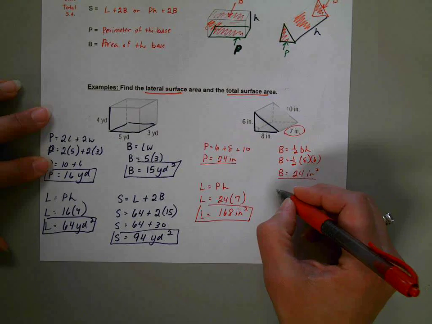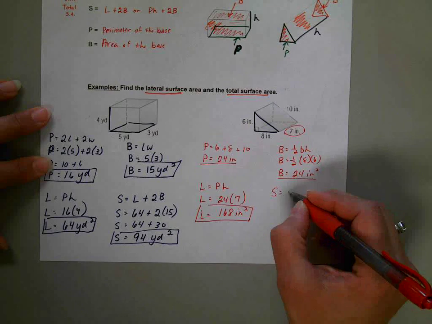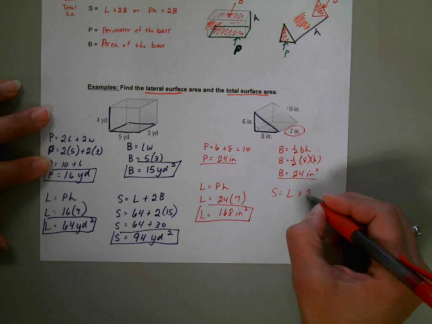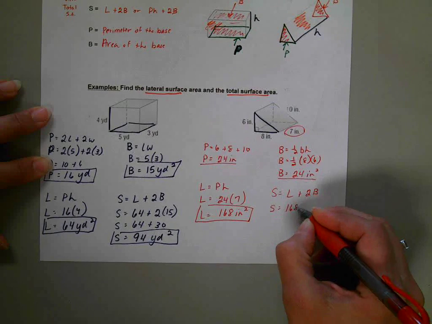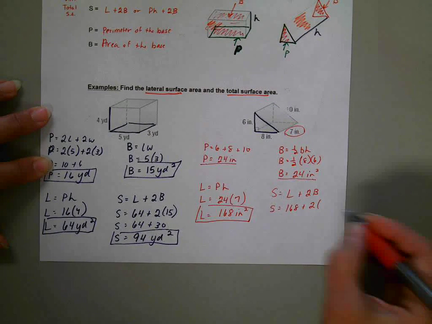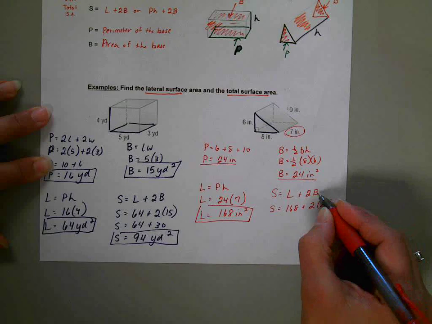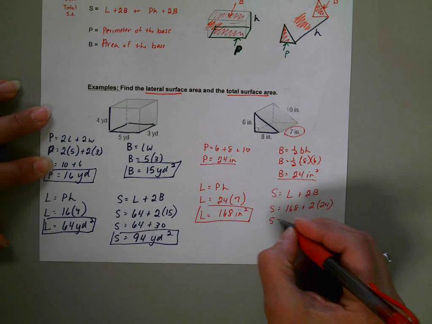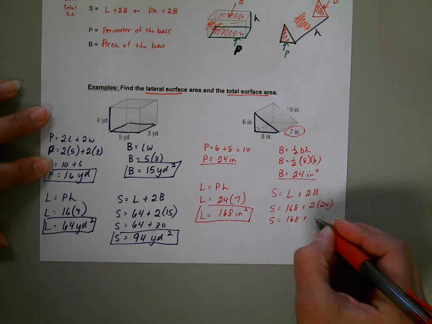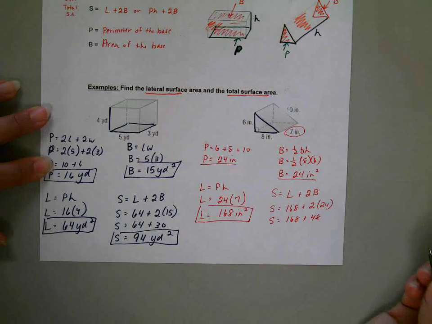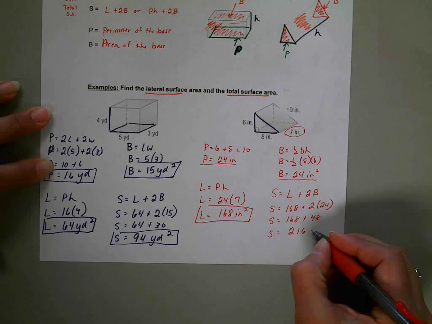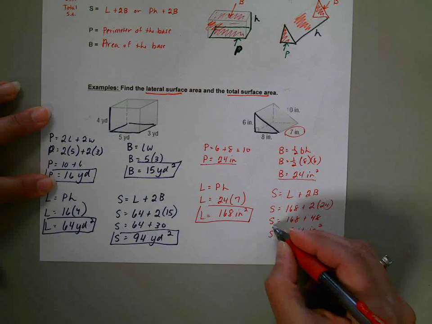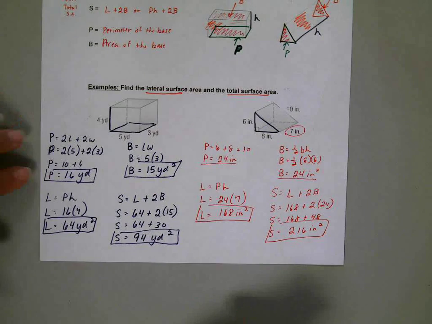Now I'm going to substitute that in for total. L plus 2B. So 168 plus 2 times the area of my base, which was 24. So 168 plus 48. And we get 216 square inches for our total.